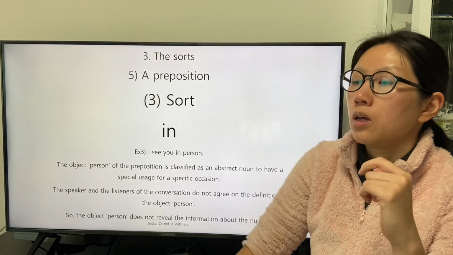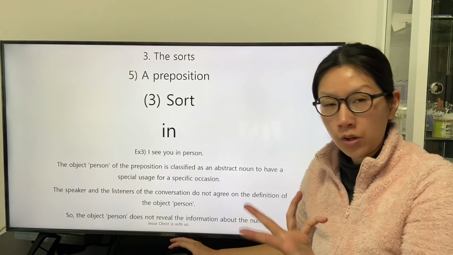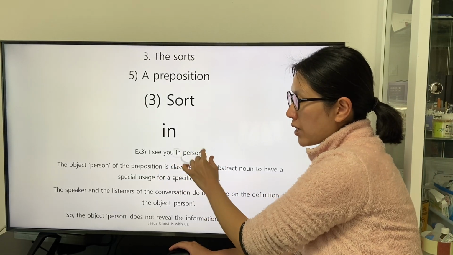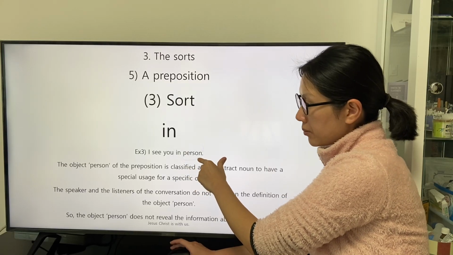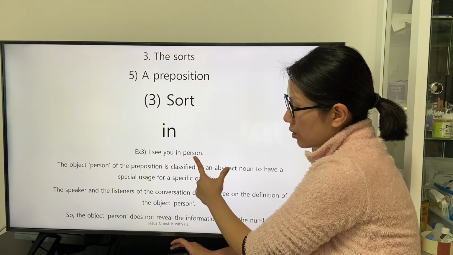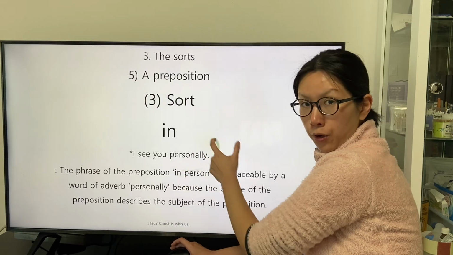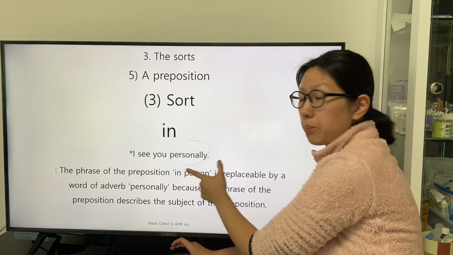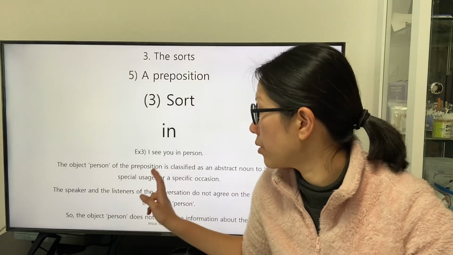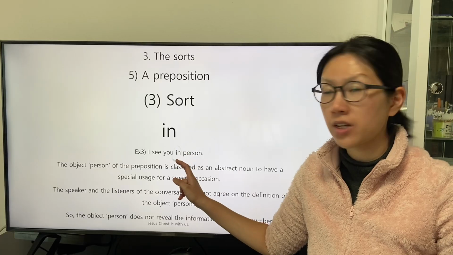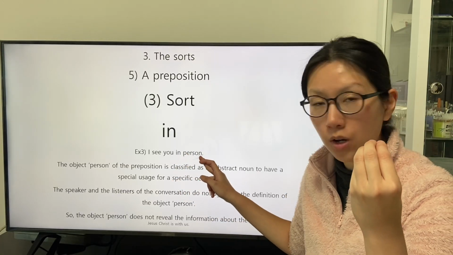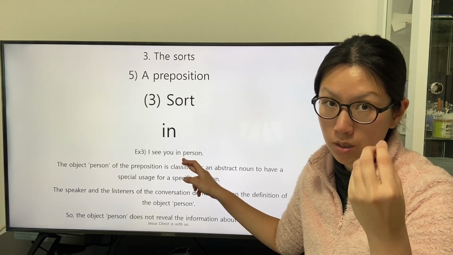So we can understand the integration of the preposition and the object of the preposition that becomes a word of an adverb, personally. The preposition is stated ahead of the object of the preposition, person.